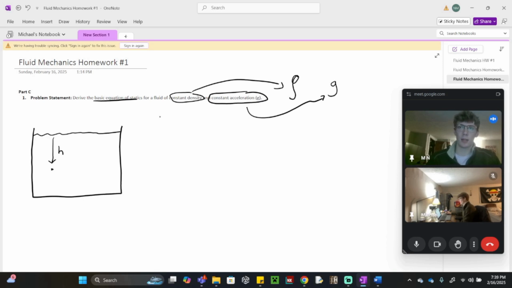The basic equation of statics for a fluid of constant density and constant acceleration allows us to say that the pressure at depth h would be equal to the density of the liquid times the gravitational constant times h. So, how do we derive this equation?